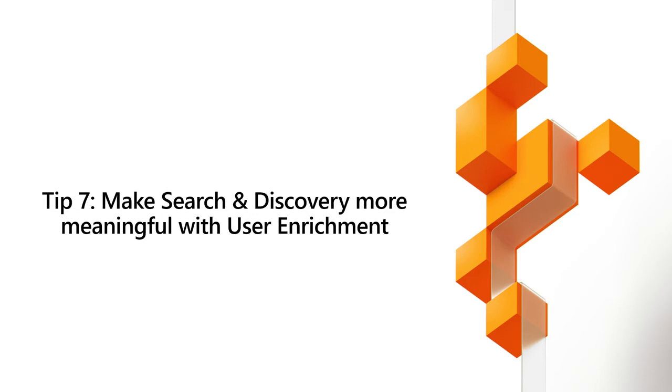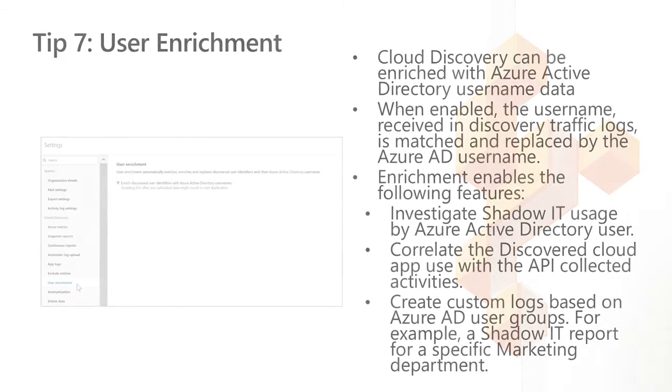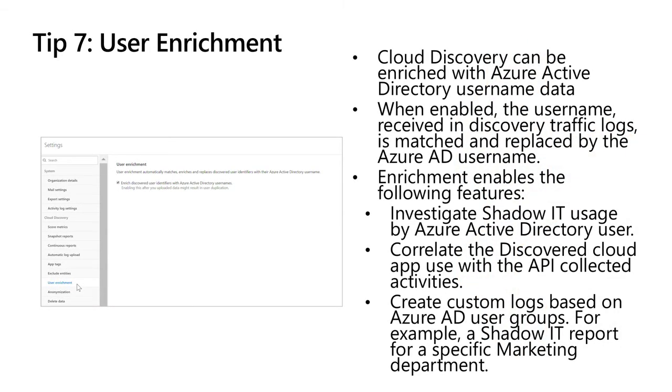But there may be times when you need to query Active Directory, or Azure Active Directory rather, and you need a little bit more detail on a specific user. Maybe you're doing an investigation, maybe it's for digital forensics or something like that. So this particular feature, again, is really, really simple. You simply go into the settings area and just enable user enrichment.